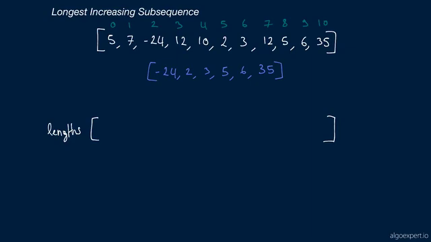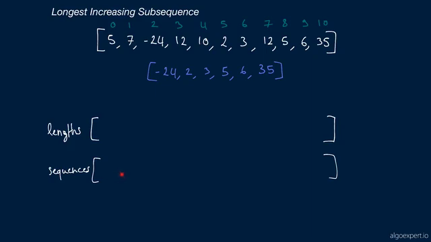Now, the second array that we're going to be building is going to be an array called sequences. You can call it sequences or indices, whatever you want. This array here, at each index, is going to store the index of the number that comes before it. So in other words, let's take index 1. Here, index 1, we've got the number 7. Here in our lengths array, we're going to store the length of the longest increasing subsequence that ends in 7 and only uses numbers that come before index 1.